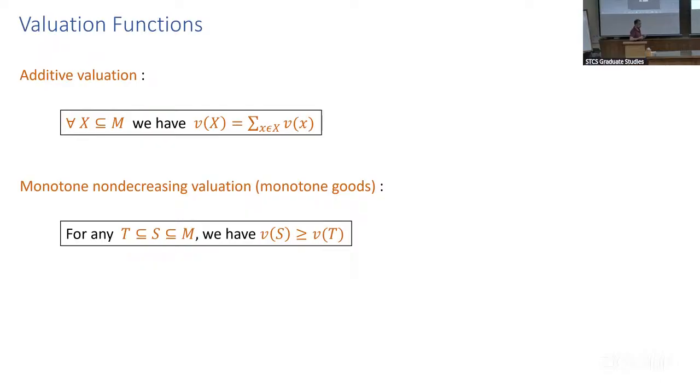It says that if you give me a subset S, and if I keep adding items to it, the value either increases or remains the same, but it doesn't decrease. And so that's why we call it monotone goods. So these are positively valued items. Throughout this talk, we'll assume that the valuations are monotone. And wherever I'm assuming additivity, I'll mention that in the slide.